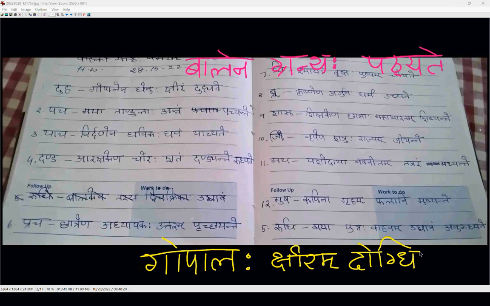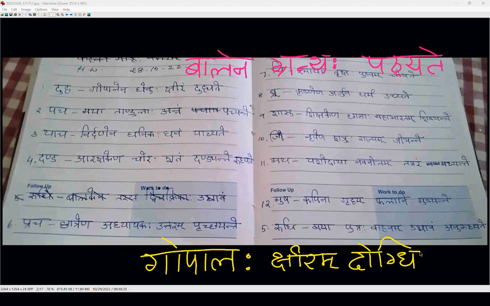Do you want to use dhenu or cow as an instrument in dohana kriya, or is it apadana karakam? Apadana, because the milk is coming out of it. So Gopalaha, because it is apadana, panchami, we want to use panchami vibhakti on that.